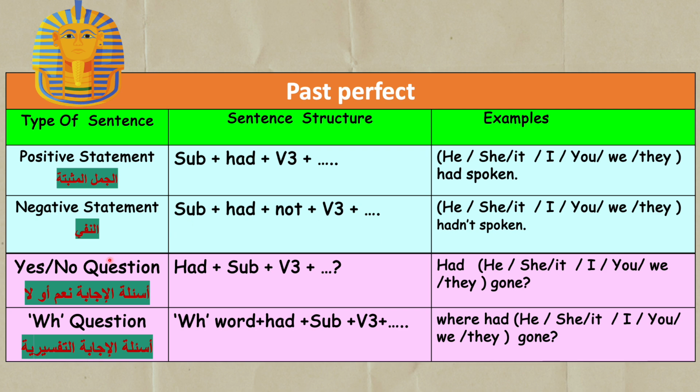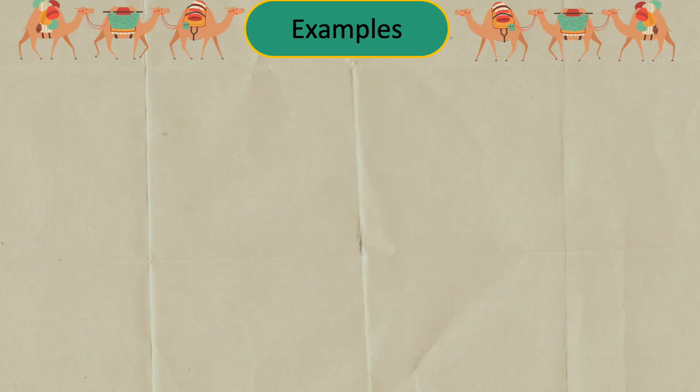To make yes and no question, short answer, start with had, subject plus verb 3, and the rest of the sentence of the question. WH question, start with WH words, when, where, what, plus had, subject, and verb 3, past participle. And now, check out the rules for making past perfect tense.